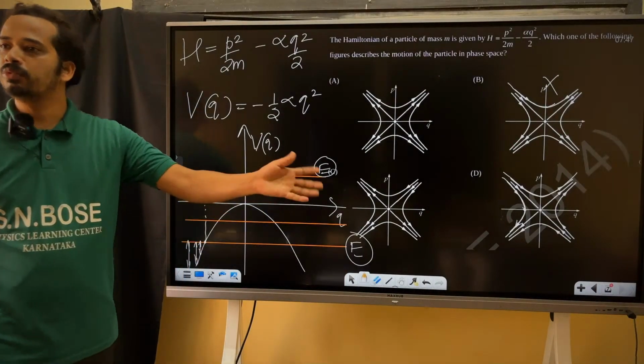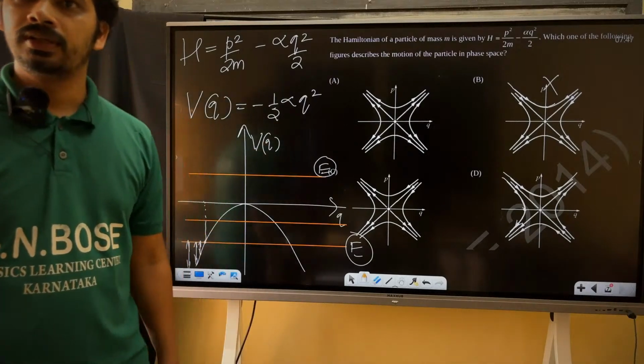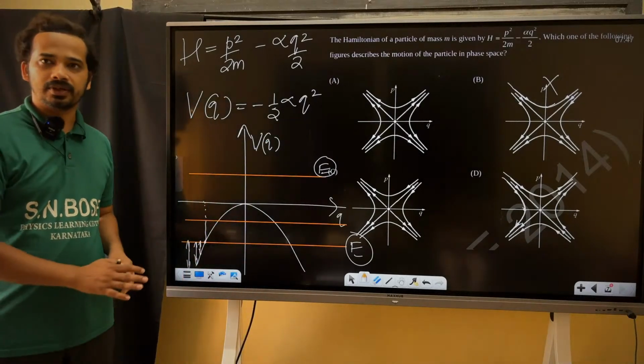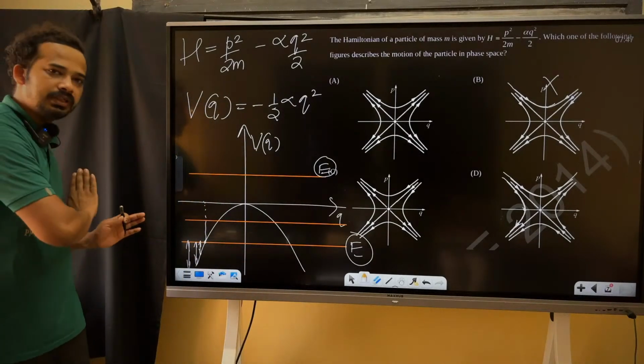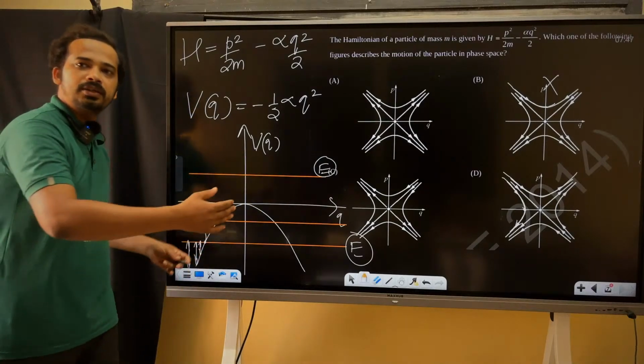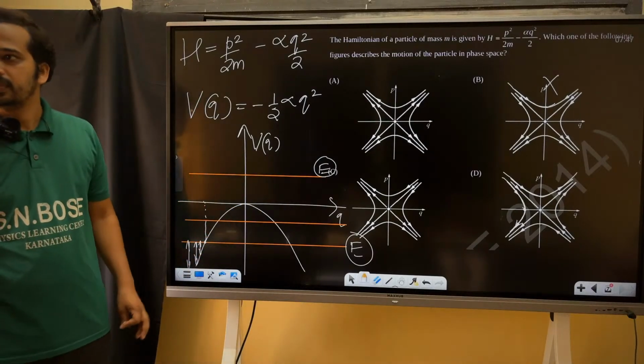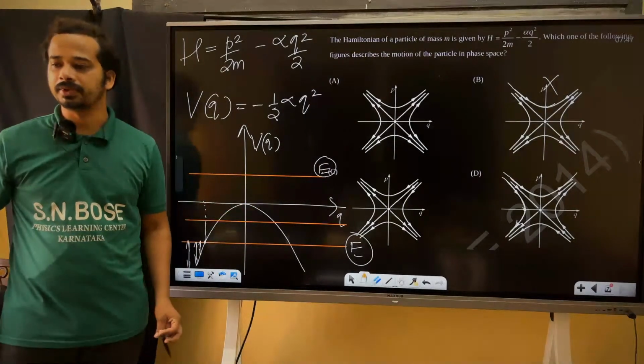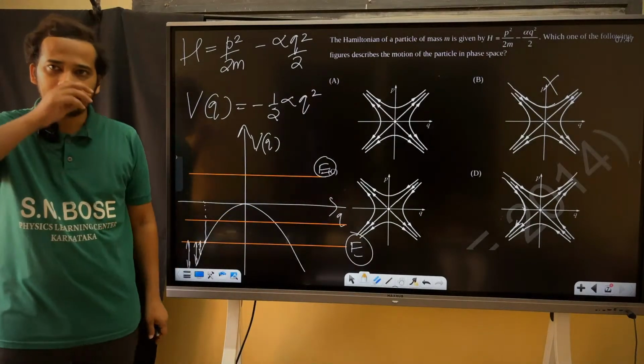In the same manner, momentum increases and decreases. While thinking about the direction of the phase space trajectory, think: if the particle moves in this direction, what is happening? If the particle is shot from here, what is happening? If the particle is left at any point, what is happening?